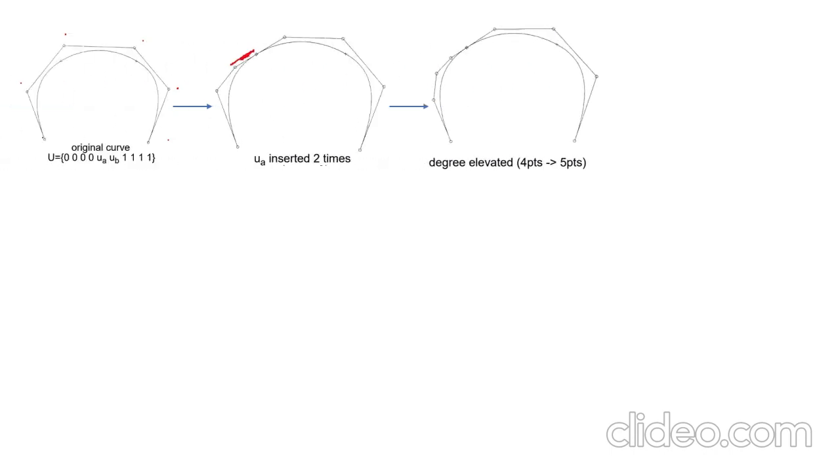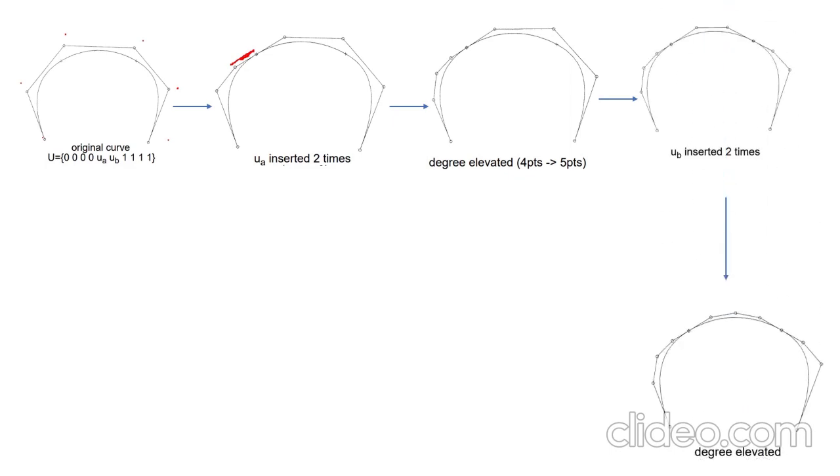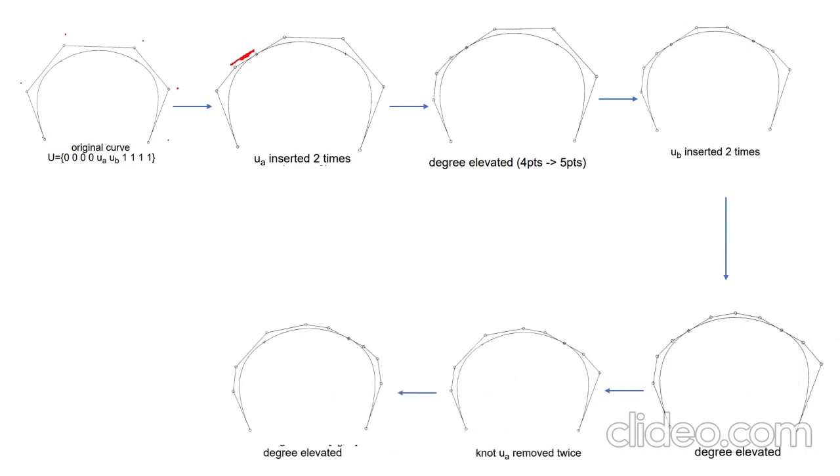In the third step we are degree elevating, and we are inserting 2 more knots with ub, and we are elevating the degree. The next step is removing the knots, again degree elevation, and finally after removing the knots, you can see the number of control points has increased, with a total of 9 control points, but for the original curve we have only 6 control points.